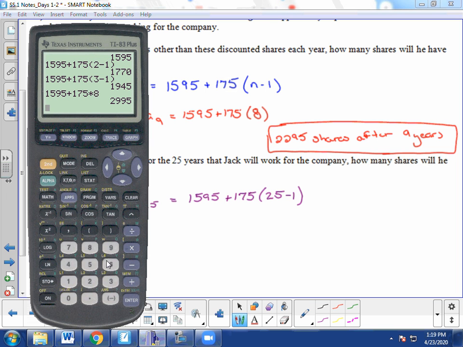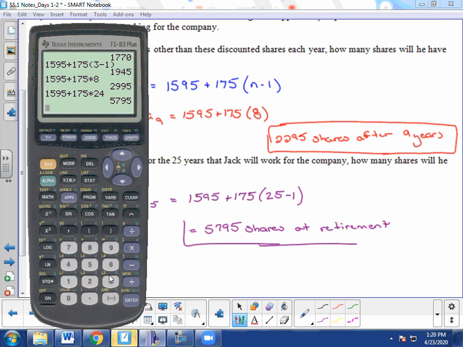So we can compute that. 1595 plus 175 times 24 is 5,795 shares at retirement. So sequences can give us a shortcut to finding numbers that we would have to find algebraically through tedious arithmetic and continuing to add.